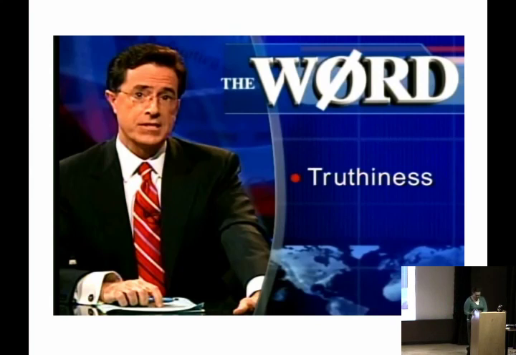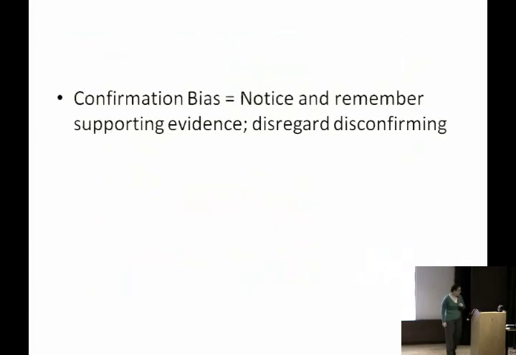So despite Stephen Colbert's really pithy explanation of the feeling of truth, there are two other things that make learning styles theory feel true. One of them is something called the confirmation bias. The confirmation bias is a bias that every person has, and it is not indicative of that person not being honest or not being straightforward.